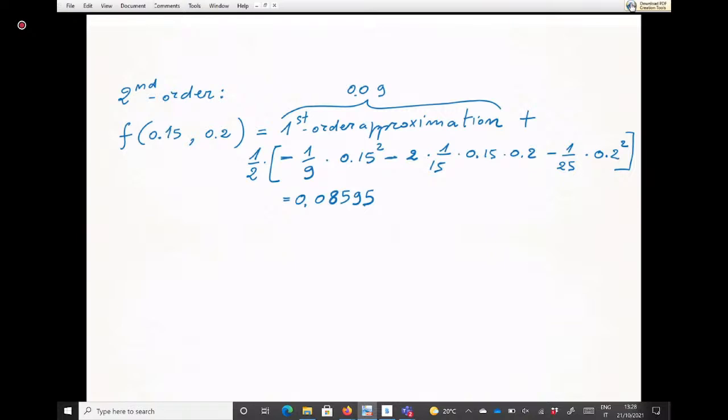In the examination, I will not ask you to solve numerically second-order approximation. For one-variable functions, that's okay. But this will be focused on two-variable and n-variable functions. So this is in general challenging computationally. It takes time.